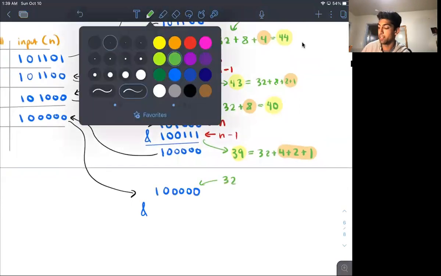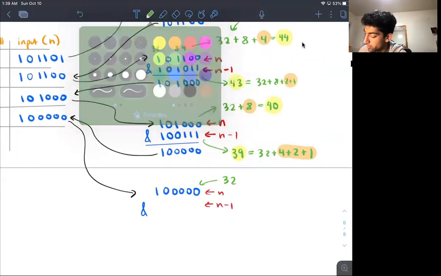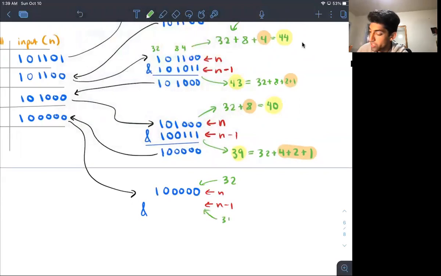And n minus 1 is 31, which is a 0 in the 32 spot, and 1s everywhere else.